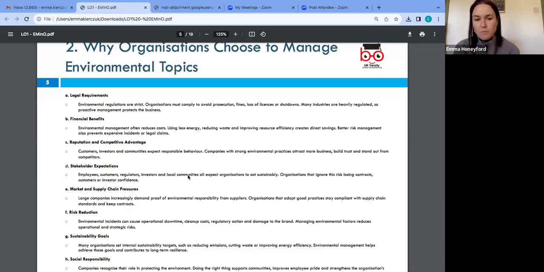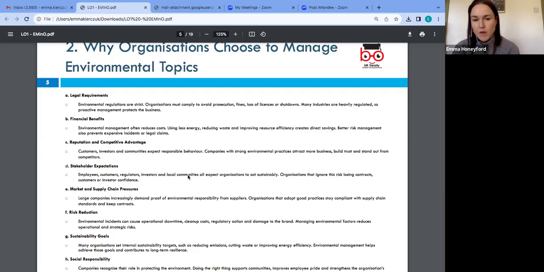There is more pressure, I have experienced, for supply chains to be more responsible, and organisations will often make contracts with suppliers to make sure that they are being ethical and transparent about their environmental impact.